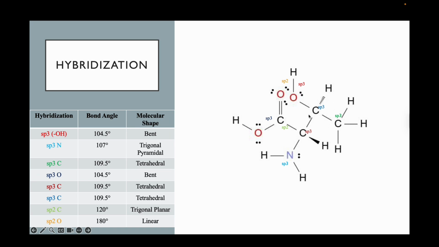This will be the first, and this will be the second chiral carbon. And we have an sp2 carbon with a 120 bonding angle. It will be trigonal planar, found next to the first chiral carbon. Then we have an sp2 oxygen at a bonding angle of 180, and it'll be linear, found right here at the bottom left of the molecule.